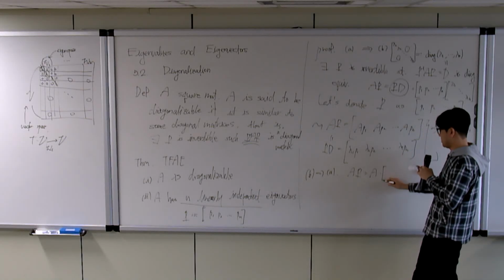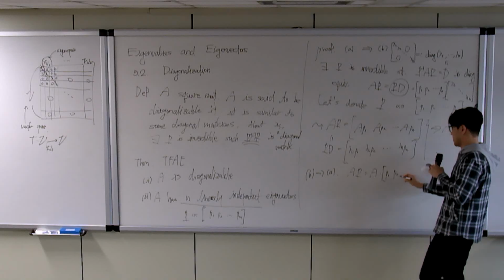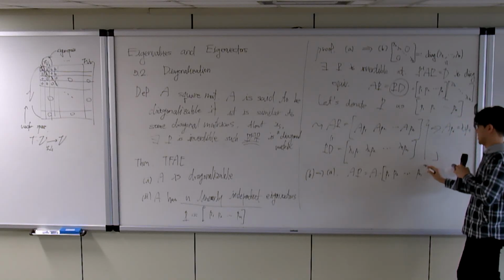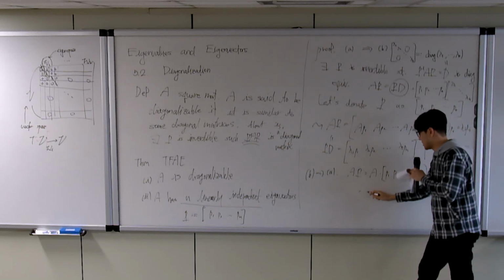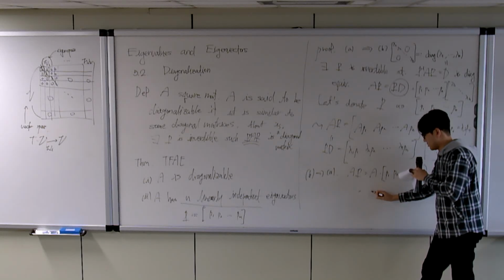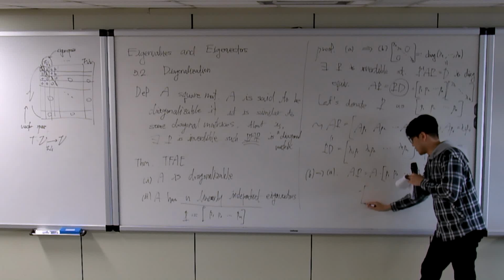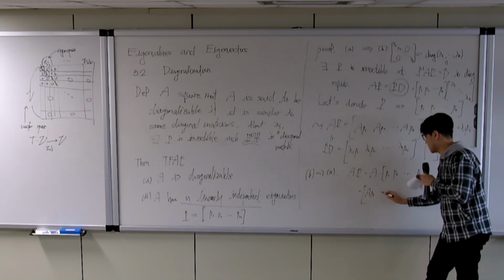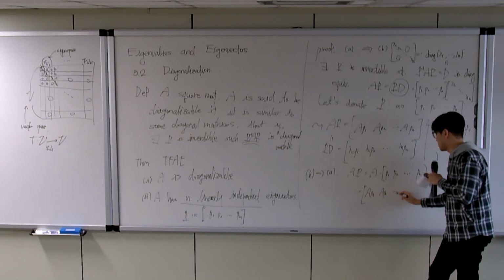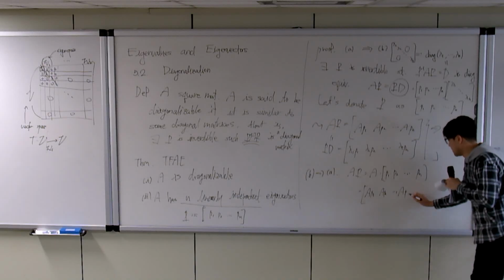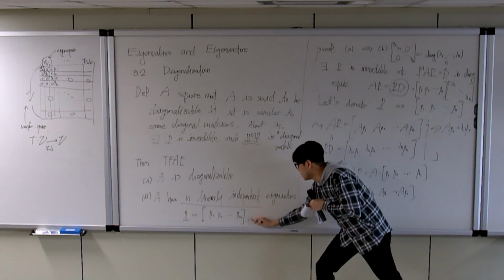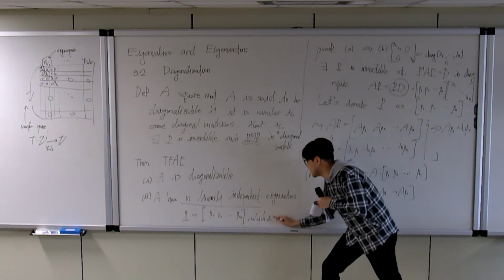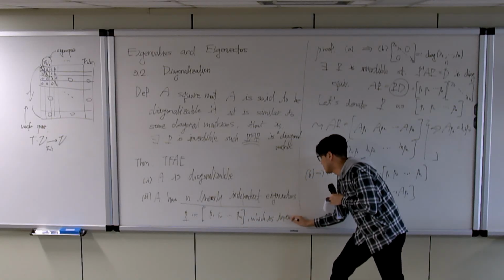It means A is diagonalizable. So as you can see, to make a diagonalized matrix, you should find n linearly independent eigenvectors. So today we will focus on the notion of linearly independent eigenvectors.